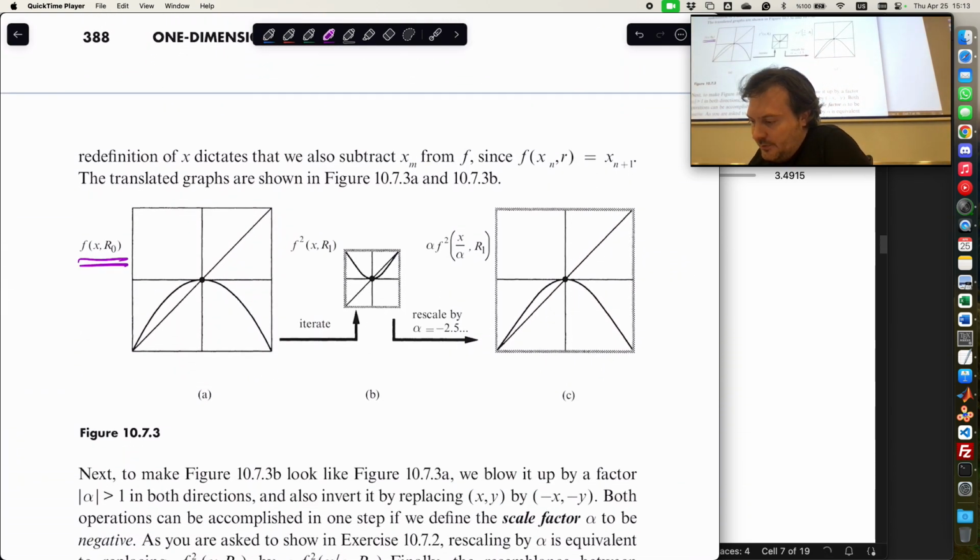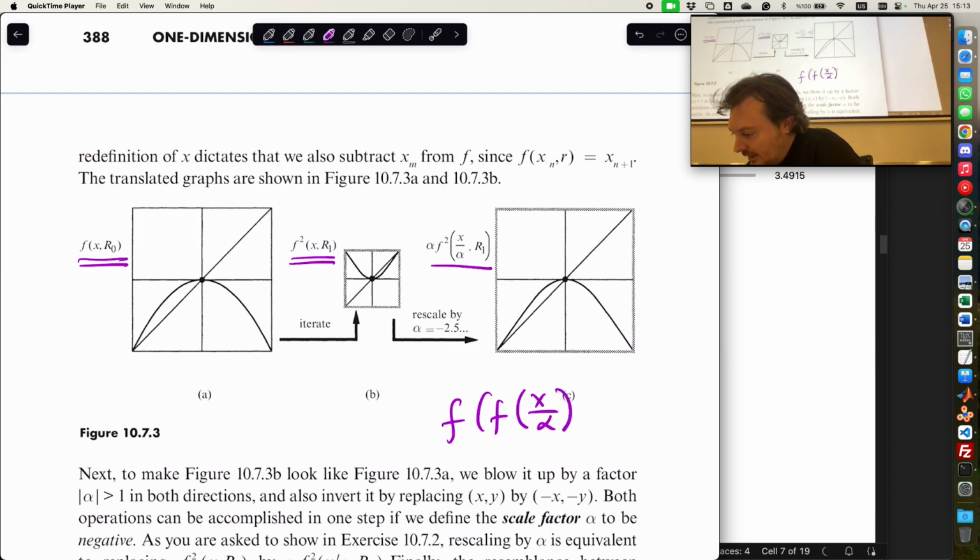This is f(x) at R0, this is f squared x at R1, and this is renormalization: alpha times f squared of x over alpha at R1. I mean, it's the same functions. It's f of f, but stretched, x over alpha, and multiplied by alpha. So he realized that this stretching and this stretching is the same.